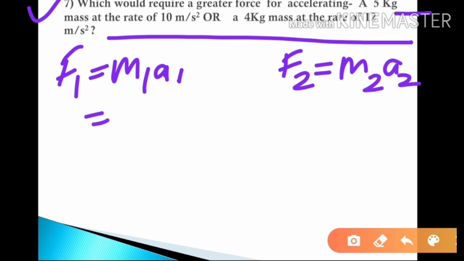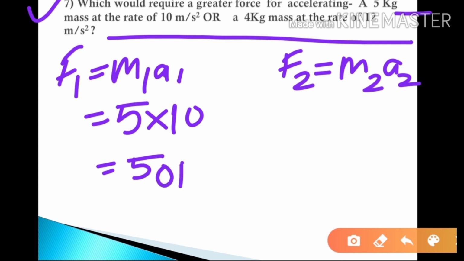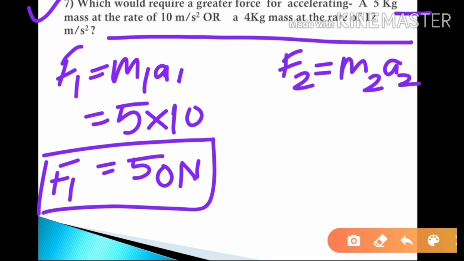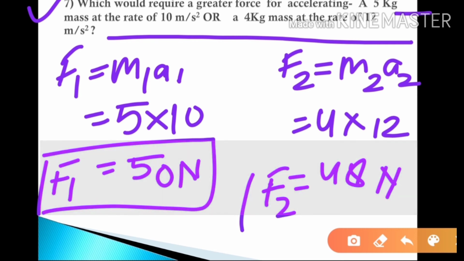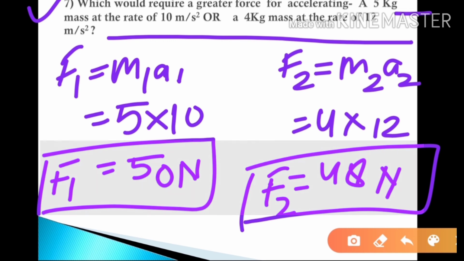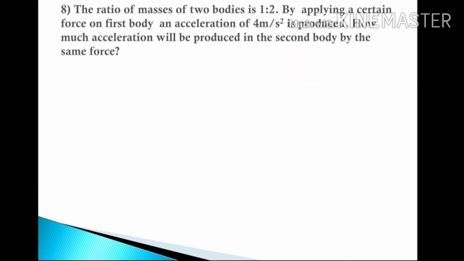As according to question, mass of first object is 5 kilogram, acceleration of first object is 10, then 10 5 is 50 न्यूटन. तो F1 यहाँ से आपके पास आता है 50 न्यूटन. फॉर सेकेंड ऑब्जेक्ट, mass is 4 kilogram, acceleration is 12, 4 12 is 48 Newton. So force is 48 Newton. So students, here we can identify the first force is greater than second.